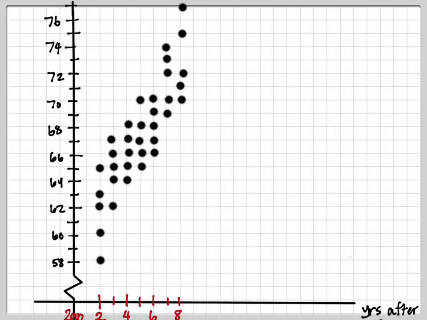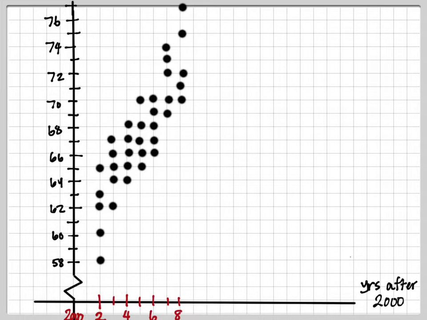I need to label a couple more things. What else am I missing labels on? On this side. Yep, so this is years after 2000. Let me shift that up since I went off my screen. The side, so what is the label I should be putting over here on my vertical axis? What are these?